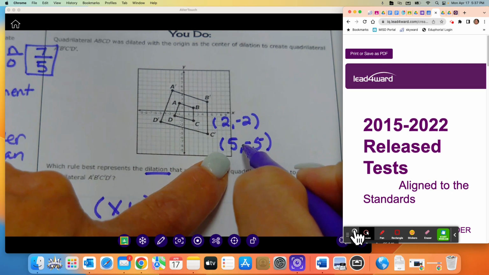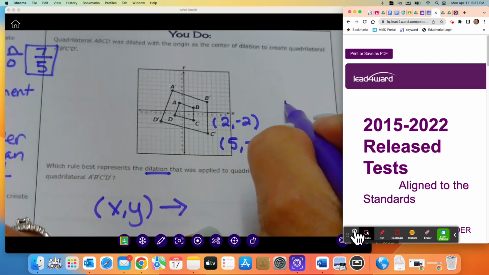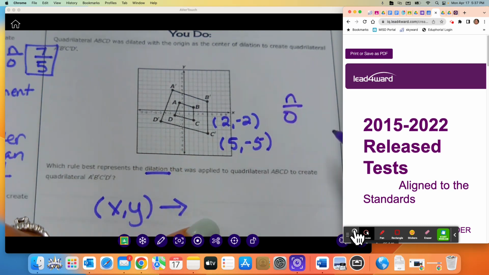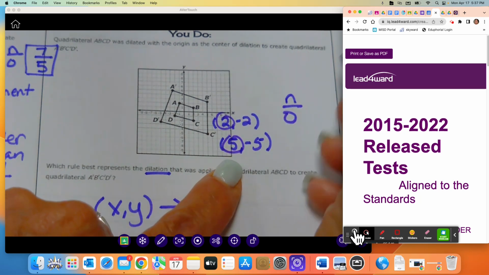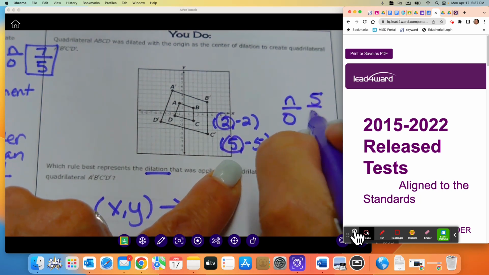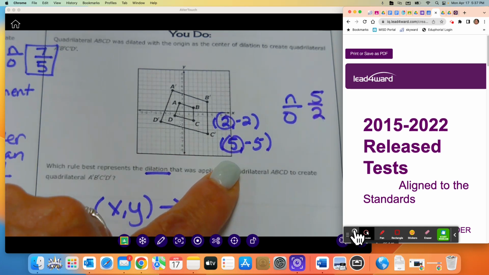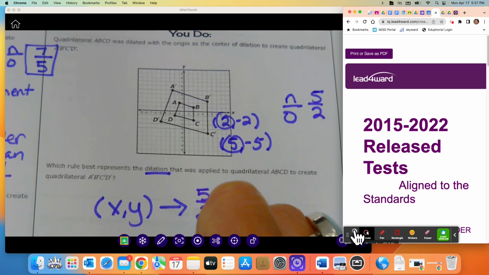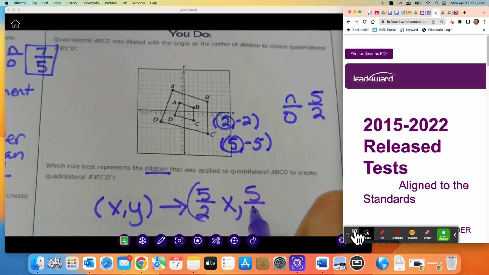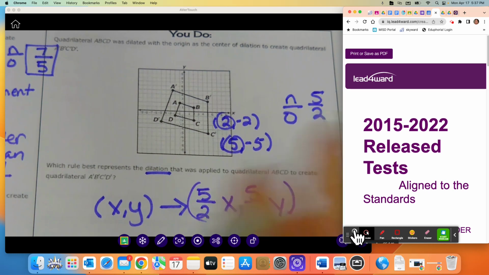This is the new. Remember, it's new over original. So I'm going to use the x value. This is the new, so 5 over 2. Well, that is my scale factor. Remember, with scale factor, you always multiply. So I'm going to put 5 over 2x, comma, 5 over 2y.